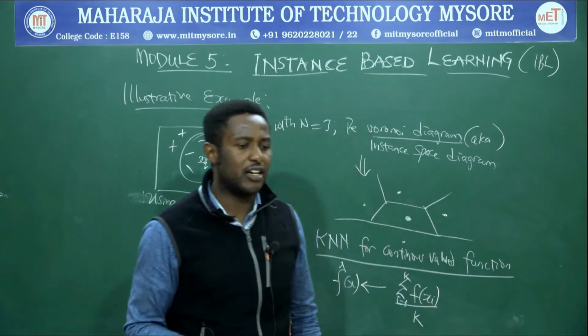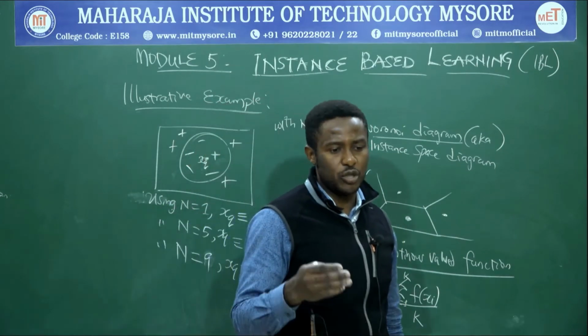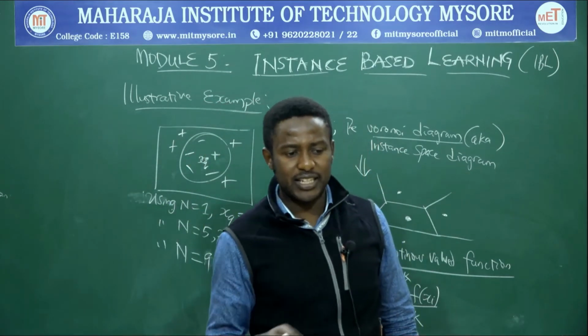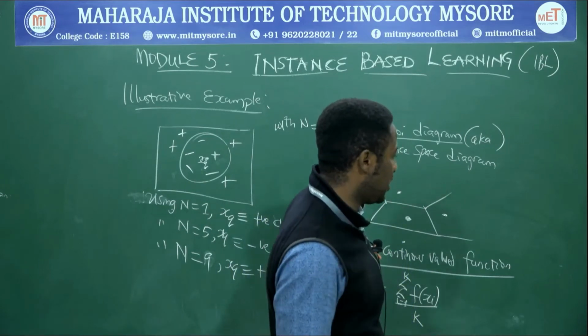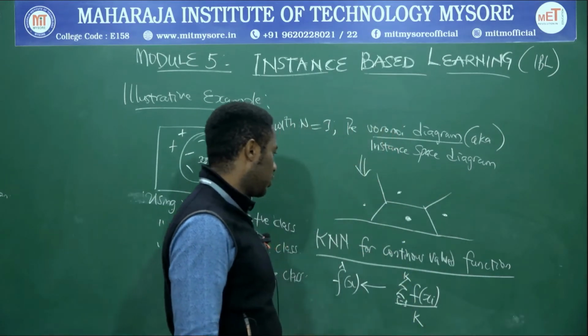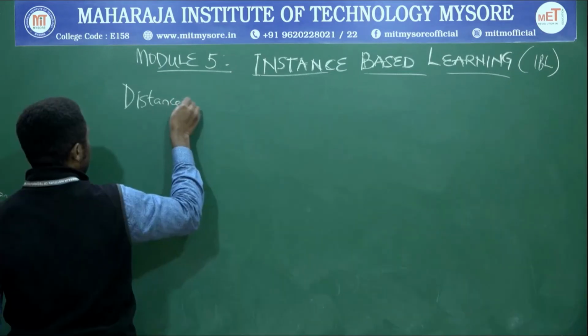So in this case now, it's worthwhile to look into discrete weighted nearest neighbor, okay? And you will see how it's actually similar to your continuous valued function.